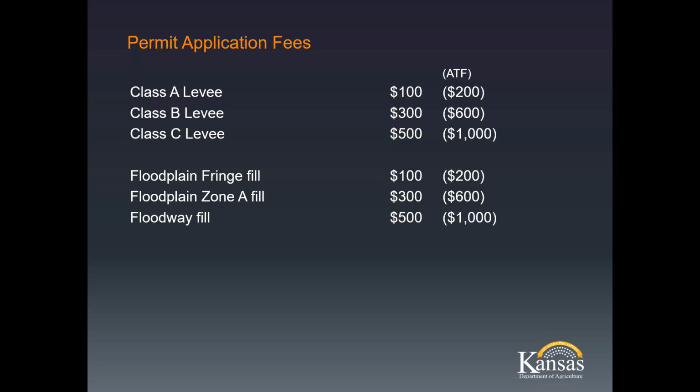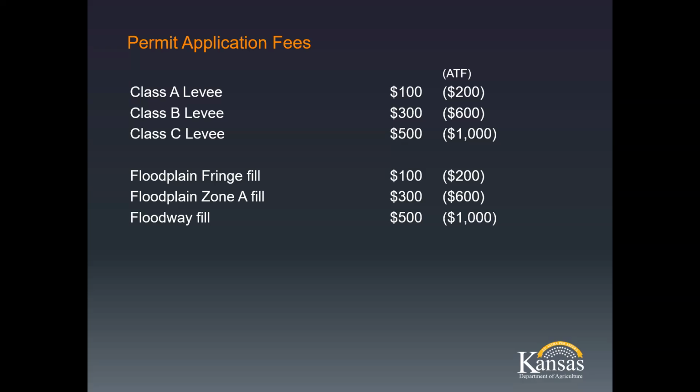A Class B levee is one that, if it were breached or overtopped, would only harm minor roads and some ag buildings. A Class C levee is one that, if it were to breach, someone could be hurt because their house is behind it. So for a Class A levee, it's $100. Class B levee is $300, and Class C levee is $500.